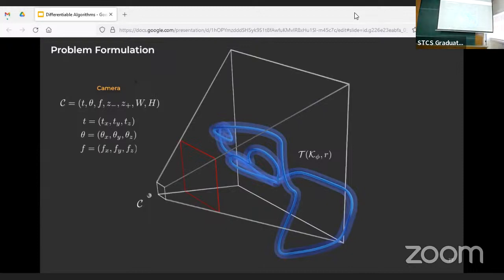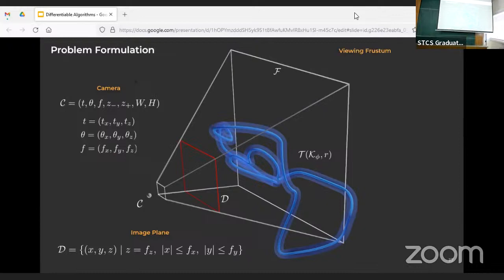And f gives information about this red image plane, which I will mention. So D is the image plane. D is at location z equal to fz, and its extent in x is fx, and its extent in y is fy.